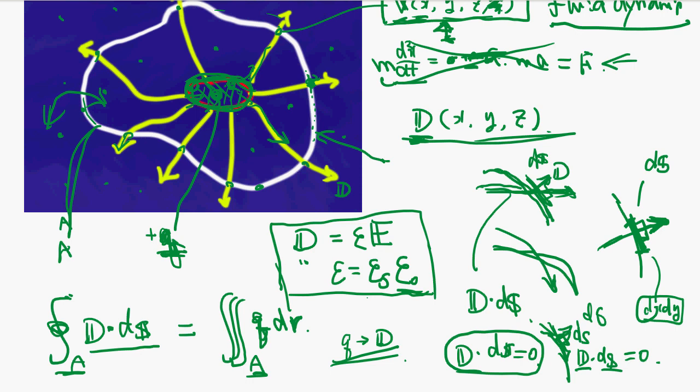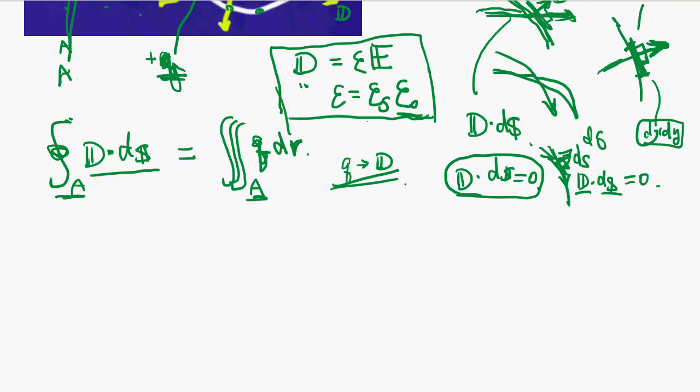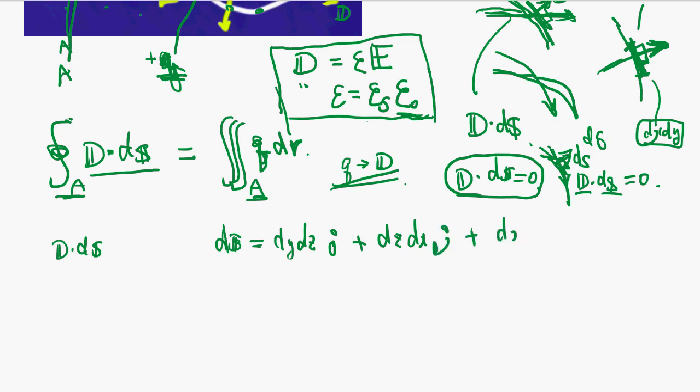Okay, so this is the Gauss law. Now, Gauss law we modify a little bit. The dS is like dy dz i plus dz dx j plus dx dy k.